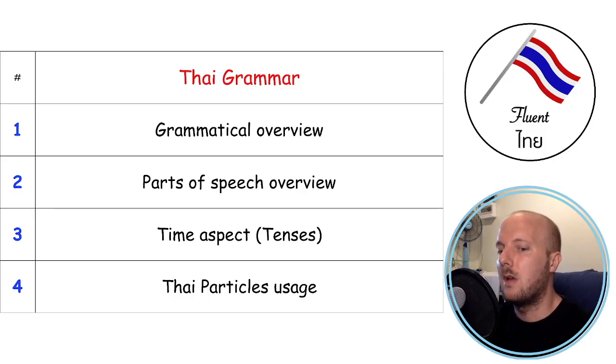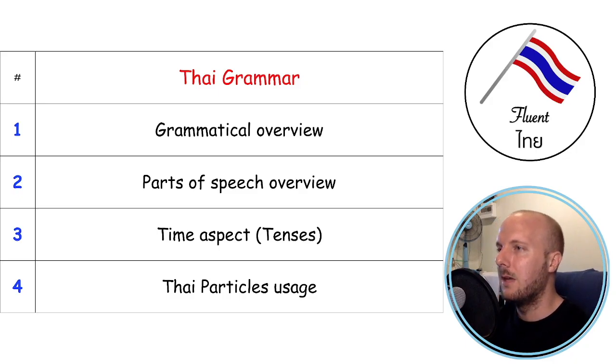So a unique thing about Thai grammar, or just the Thai language in general, is their use of particles. And basically lesson 3 and 4 are the big main differences or unique things about Thai grammar, but then lesson 1 and lesson 2 are just more of a good opportunity to review and get a whole picture.